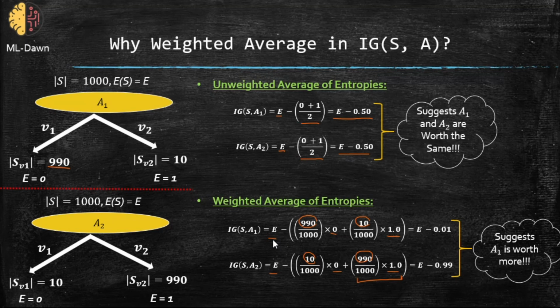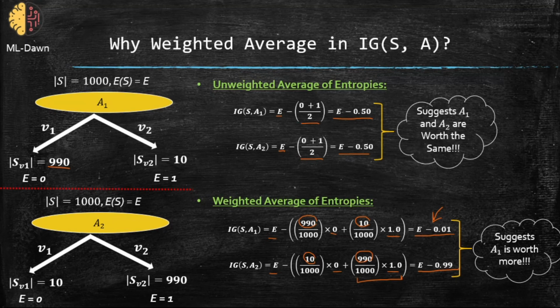Okay, now if you look at this, we get E minus 0.01 for attribute A1, and we get E minus 0.99. Okay, so this suggests that A1 is worth more, and that is indeed the case because this one is a larger number. Yes, and that actually makes sense.